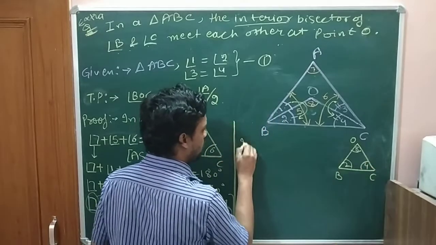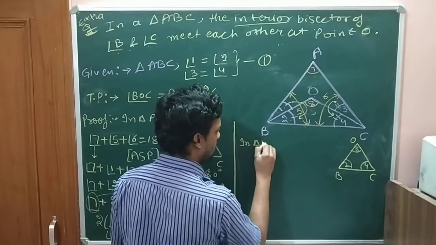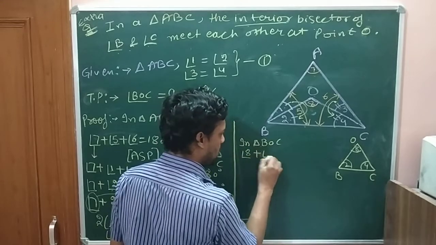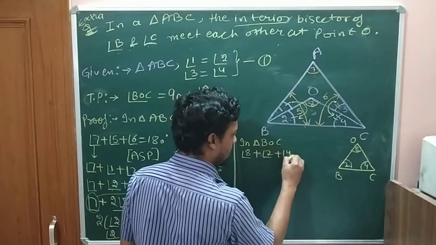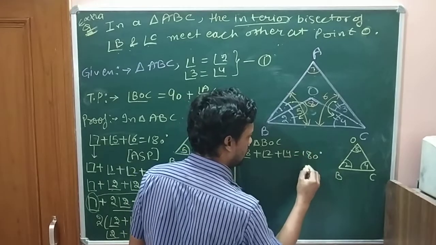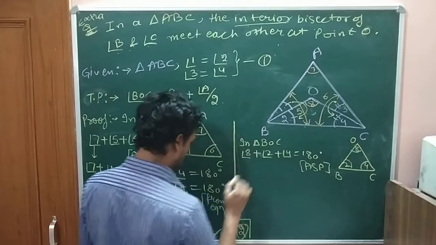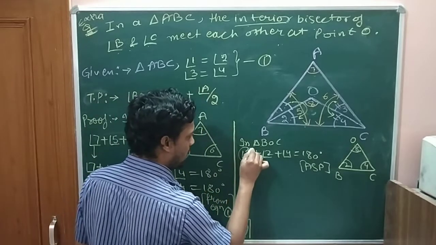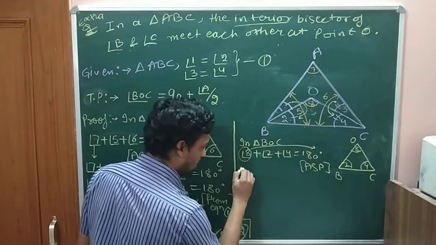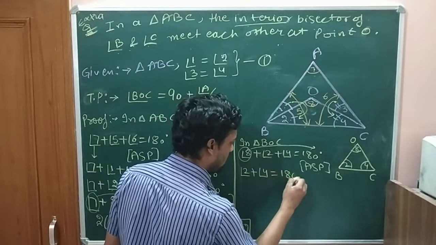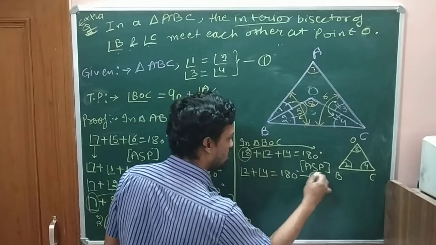So by angle sum property, first of all write in triangle BOC, angle 8 plus angle 2 plus angle 4 equals to 180 degree. Reason, angle sum property. Similarly, shift the angle 8 on right hand side. It comes to angle 2 plus angle 4 equals to 180 degree. Let it be equation number 3.